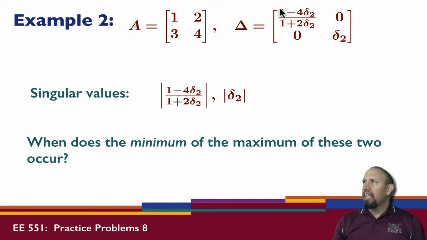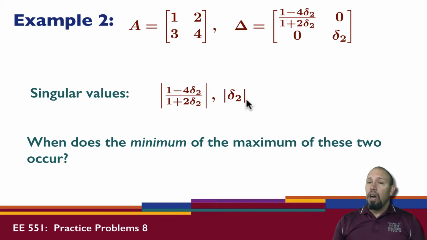So these are our two singular values, and it's hard to say just by looking at them which one is the larger of the two. And when does the minimum of the maximum of these two occur? Both of these are functions of delta 2, but I can't tell which one is larger than the other.